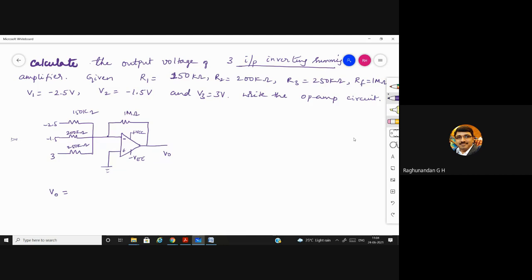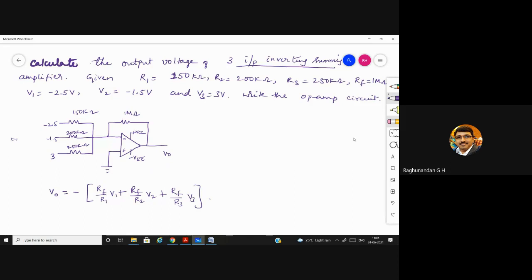So we know that for inverting, the minus sign will always be there, since it is inverting. Then gain into voltage: Vo equals minus of RF by R1 into V1 plus RF by R2 into V2 plus RF by R3 into V3. If you want, you can take RF outside as common because the feedback resistance is common.